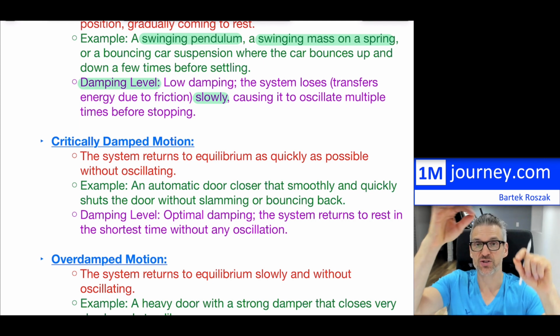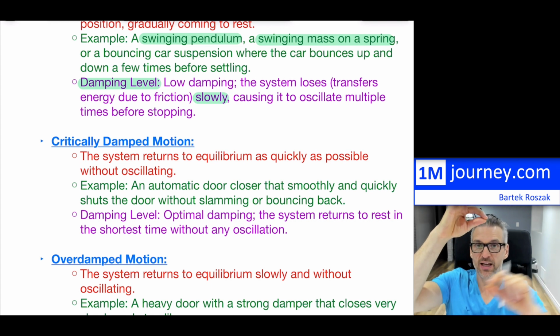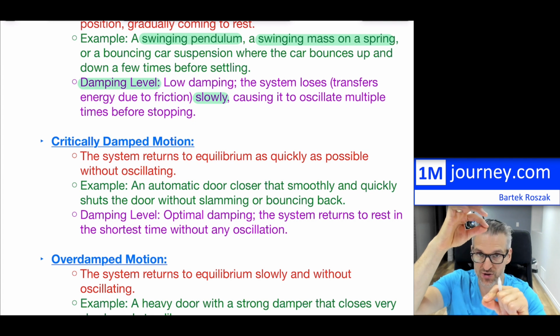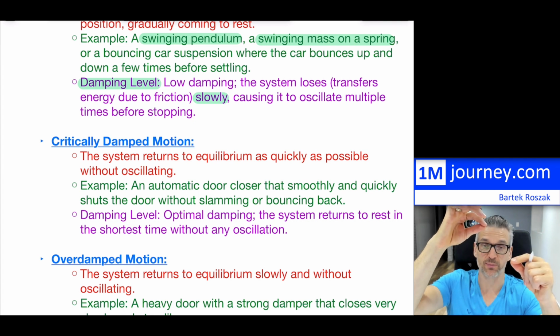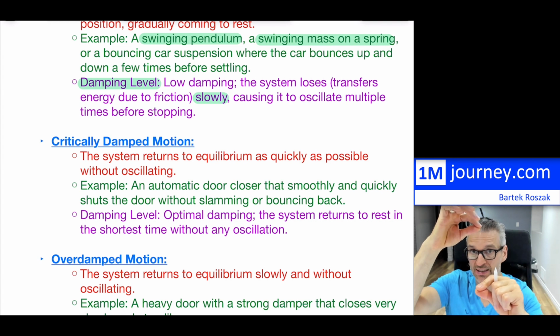If you have a pendulum and you start to swing it, it doesn't overshoot and then come back and then come back and slowly settle. That's underdamped. What happens instead is it shoots back very quickly and gets to the equilibrium, but it doesn't overshoot the equilibrium.